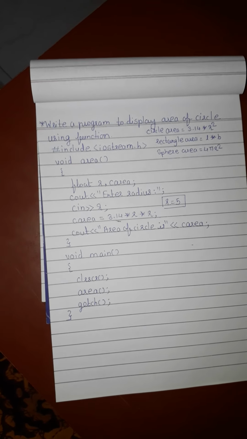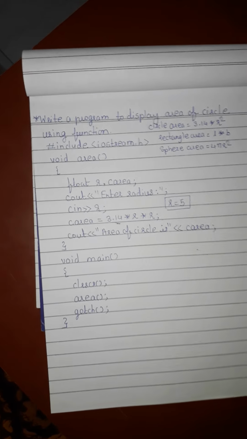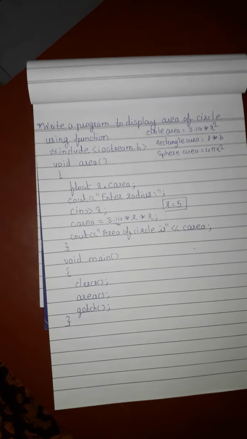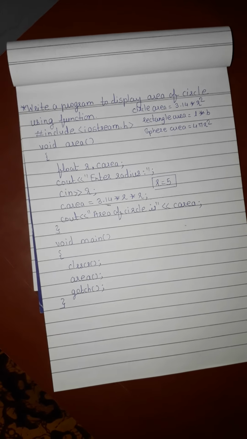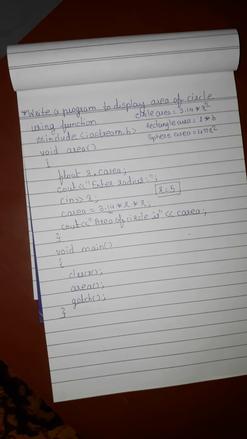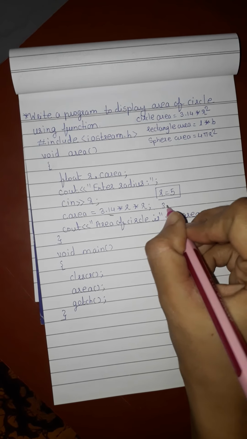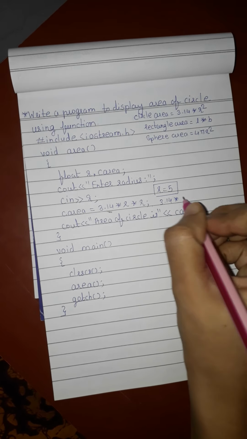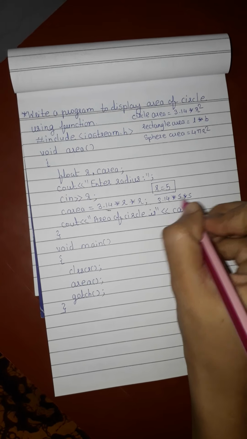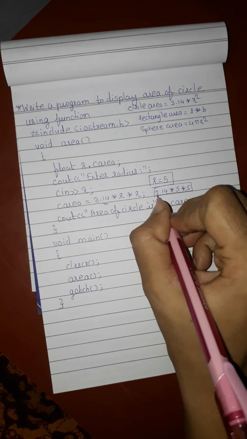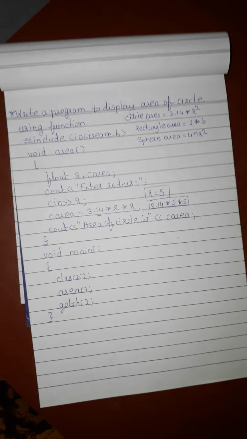R square means we have to multiply the radius 2 times. So the same thing I have done, that is 3.14 into 5 into 5, and whatever answer we get is stored inside c area.